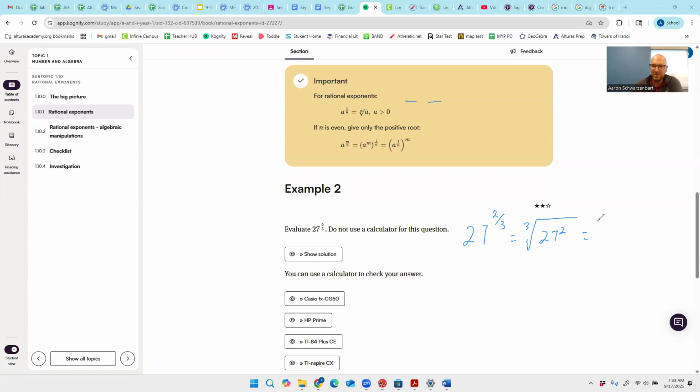Now, I don't really feel like squaring 27. And there's this beautiful power with these exponents that I can do it second and pull it out of the root. Do it in whichever order I want. The cube root of 27 is 3, and then I'll square that and I get 9.